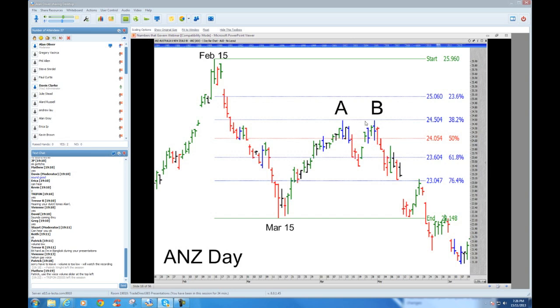And for those people who are watching carefully, they'll know that this means resistance, and if the market can't go higher, traders will get impatient, they'll get out, they'll sell the shares to look for something else that will go higher. And if it happens to be at a Fibonacci ratio with a double top pattern, there's a very good chance that this market is going to have an important decline, and that's exactly what ANZ has done.